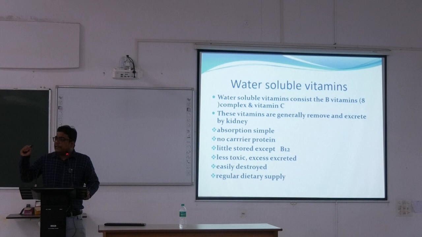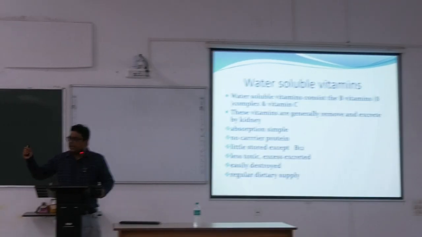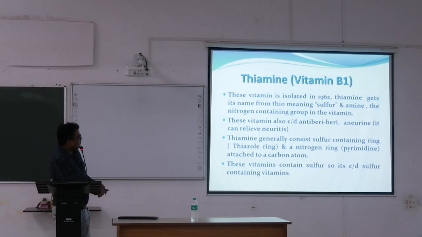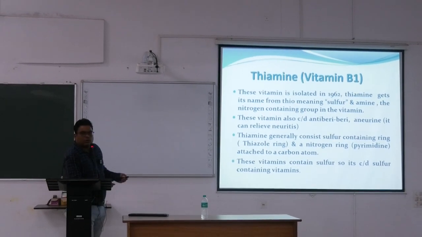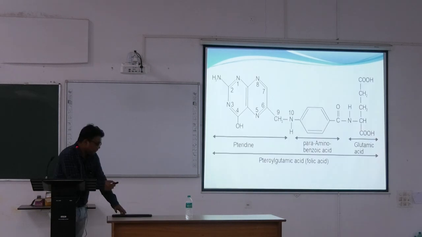That's why if a person is totally vegetarian and not taking any other specific form of vitamins, you will see such a person having a deficiency of vitamin B12. I think this topic is already covered: vitamin B1, B12, B2.